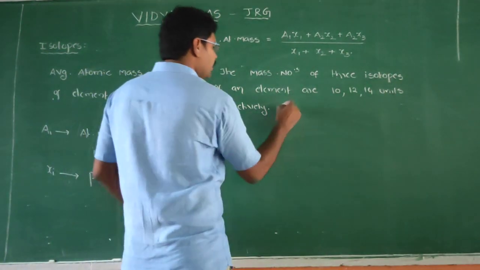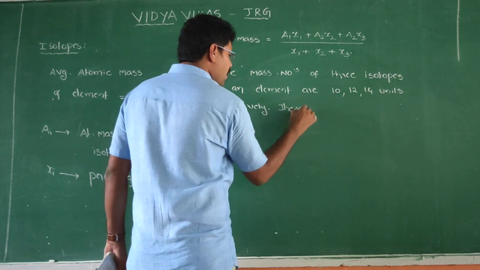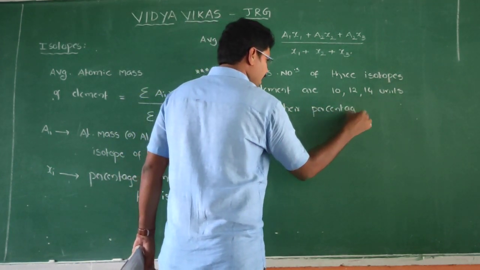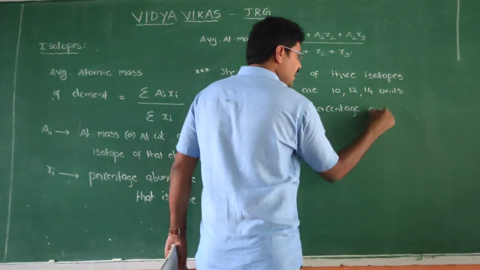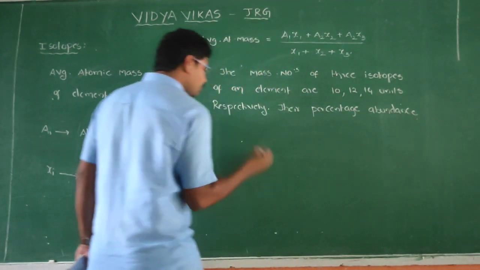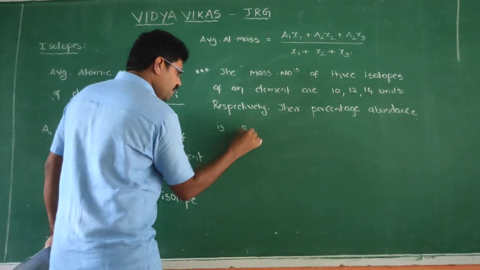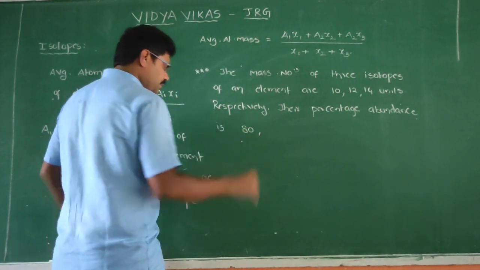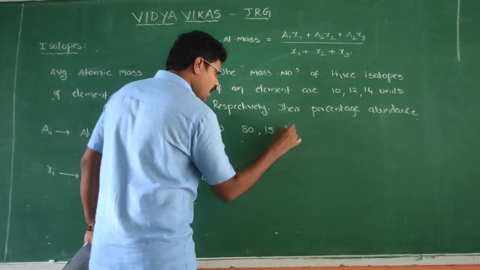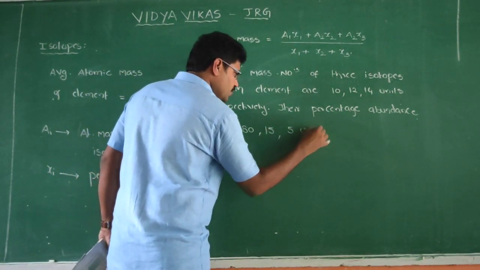Students, their percentage abundance is simply 80, 15, 5 units.